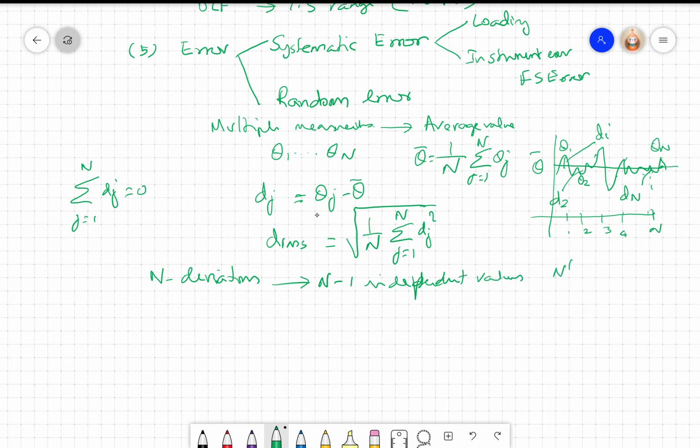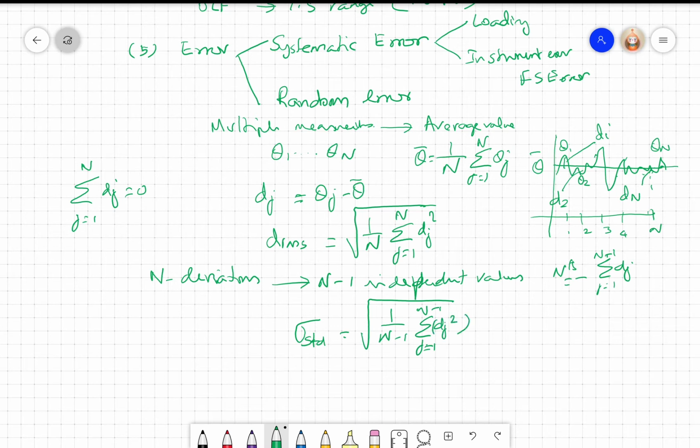The nth deviation would be the negative of the sum of j equal to 1 to n minus 1 dj, right? The nth deviation would be dependent on all other deviations. So what is mathematically correct, we call this the standard deviation, and we use a special symbol sigma, is square root of 1 by n minus 1 sigma j equal to 1 to n minus 1 dj square, right?